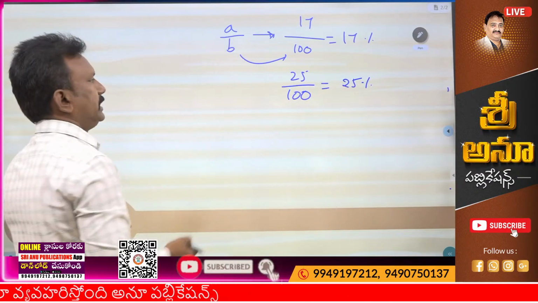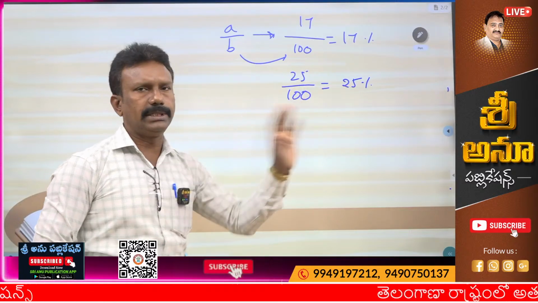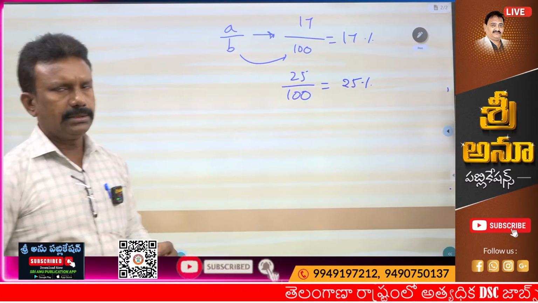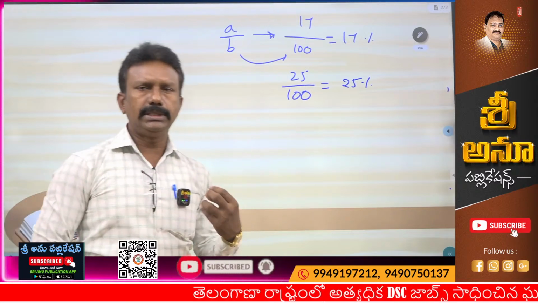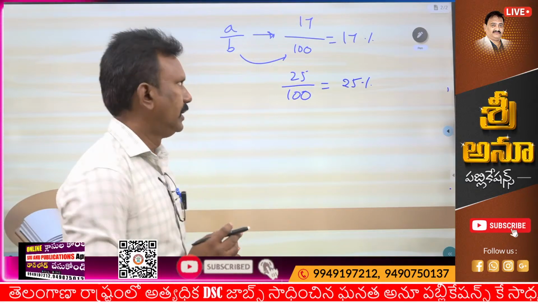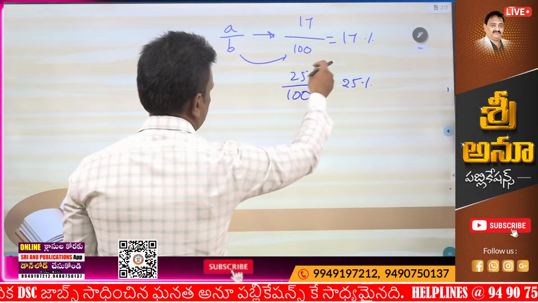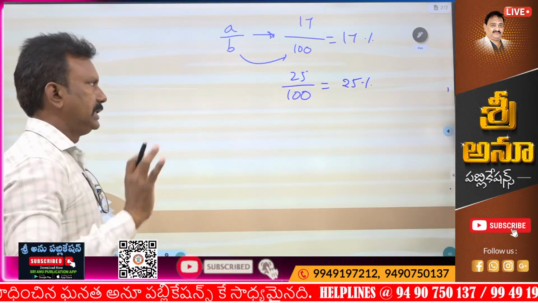So any fraction with denominator 100 must be written as a percentage. Just check the percentage basic concepts and related formulas. In case of a by b, any fraction with denominator 100 is also written as a percentage.